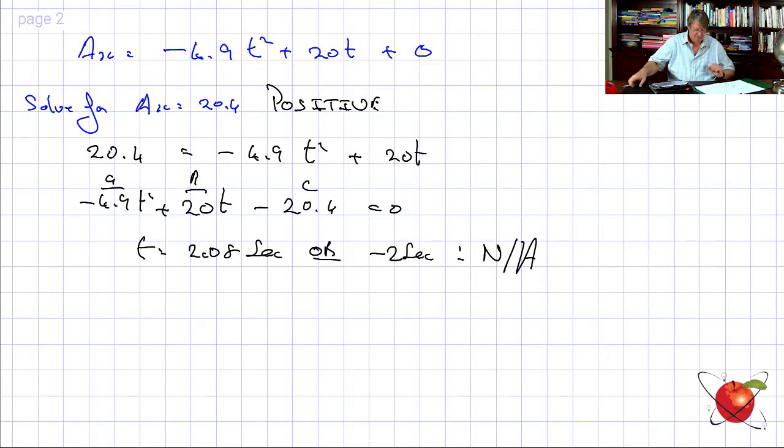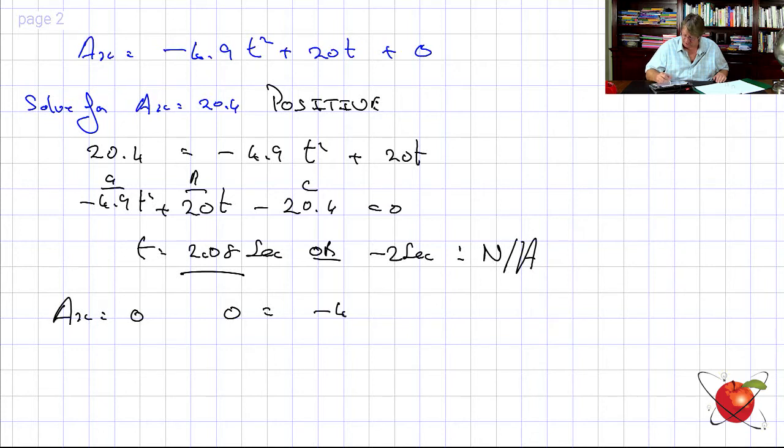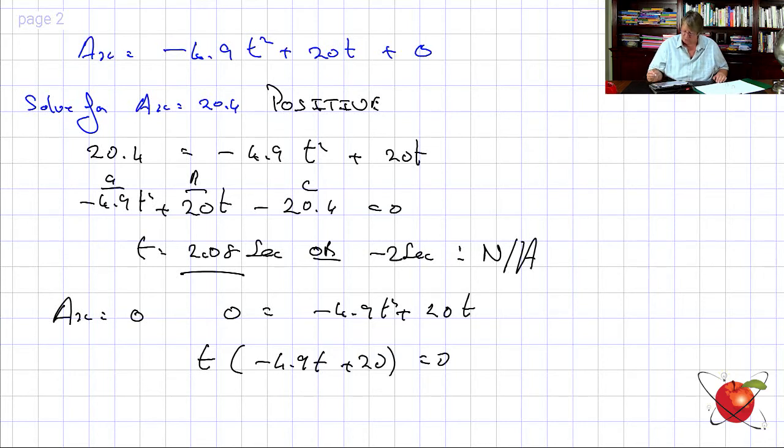Okay? Now, let's examine the same. Can you see that it takes 2.08 seconds to get to the top? All right. If I put in, for example, when is delta x equal to 0? I would say 0 is equal to minus 4.9 t squared plus 20t, and therefore we could factorize that. Minus 4.9 t plus 20 equals 0.